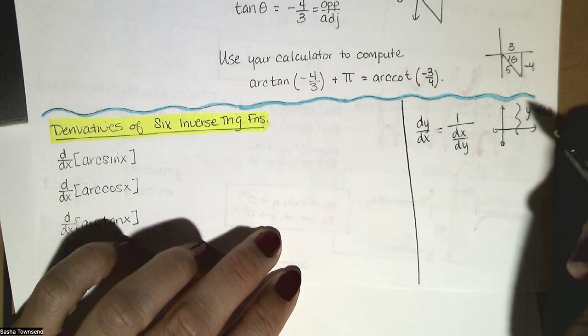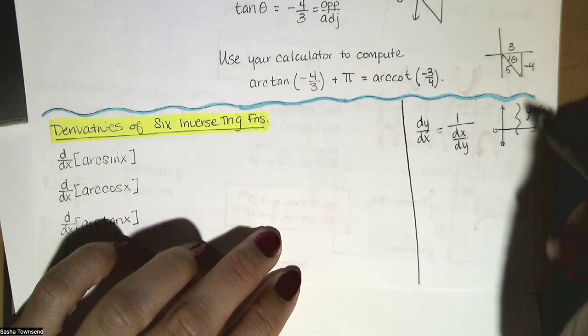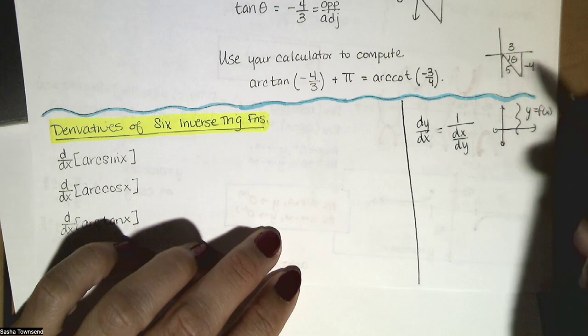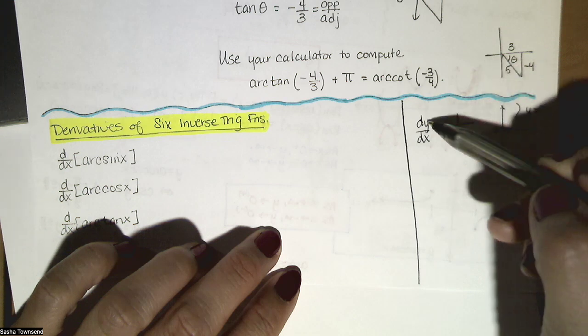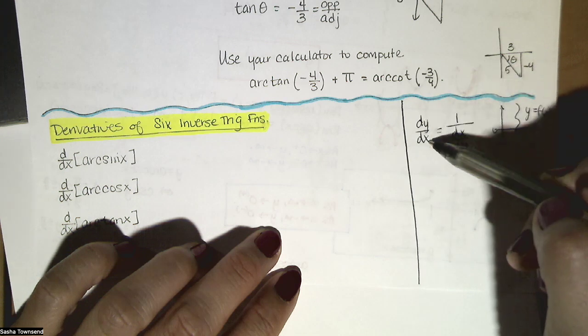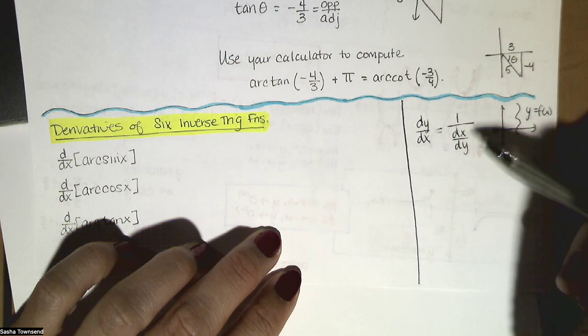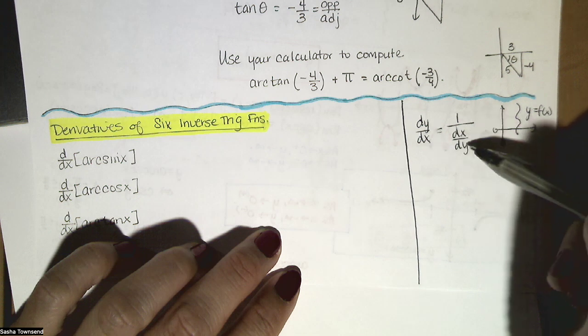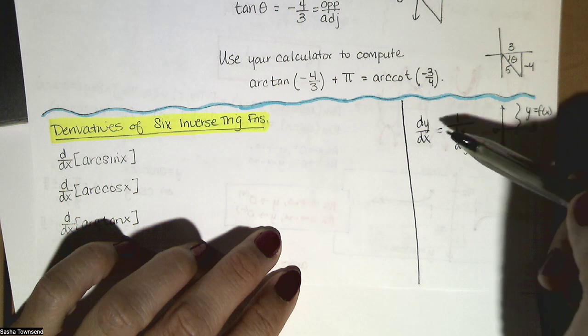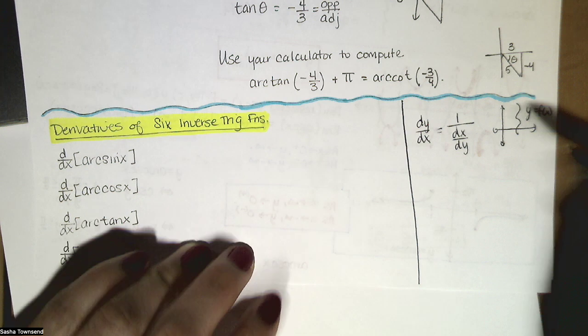But we're just changing our perspective from thinking of y as a function of x to thinking of x as a function of y. In that case, the derivative of y with respect to x is equal to 1 divided by the derivative of x with respect to y, where that x is a function of y and that y is a function of x describe the same set of points.